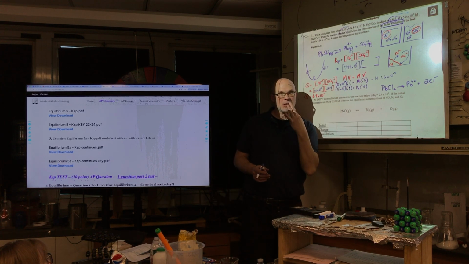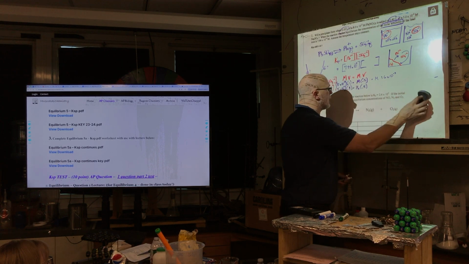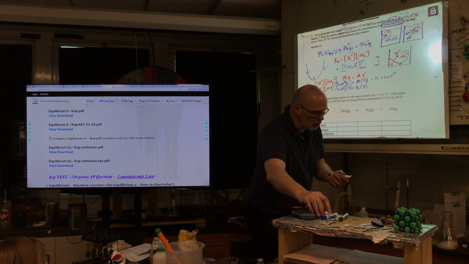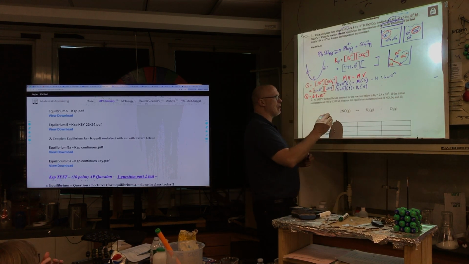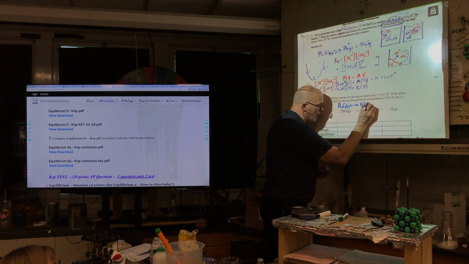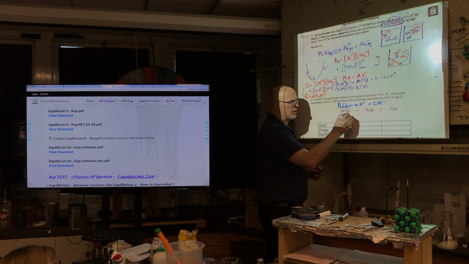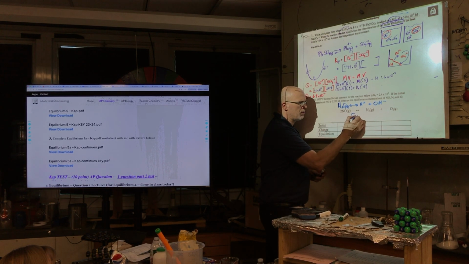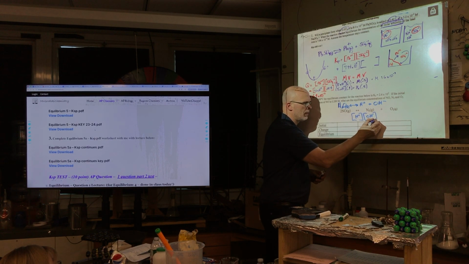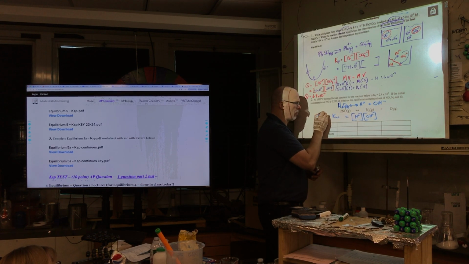Oh, have we seen this before? I think so. Check it out. Remember, a long, long time ago, when we had water and it split apart into a proton and a hydroxide, I said, what if we multiply the molarity of the proton times the hydroxide? It'll equal Kw, which was 10 to the negative 14.